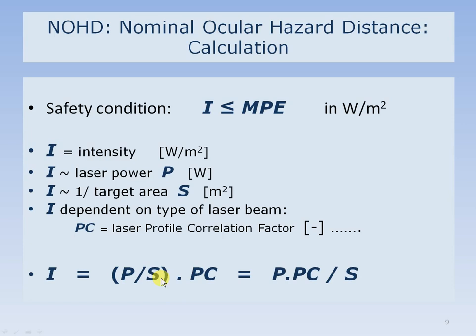And this means that we can give an expression that I is P over S times that profile correlation factor, and this is the formula.